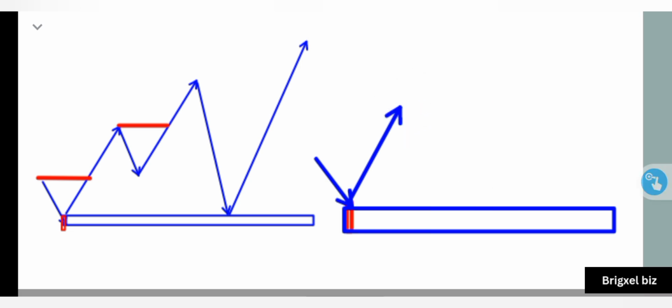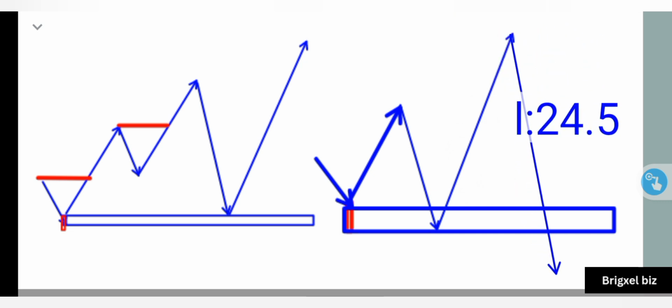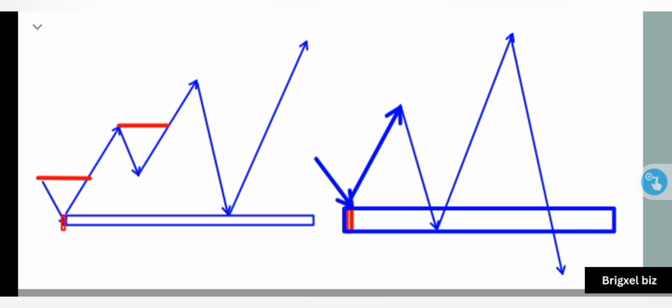Now let's reset. If the pullback, ladies and gentlemen, enters your order block, it invalidates your order block. We say that your order block has been mitigated. It has tapped into your order block. So if the market moves up, when the market wants to come down again, there is a high likelihood that it is going to violate your point of interest, your order block.